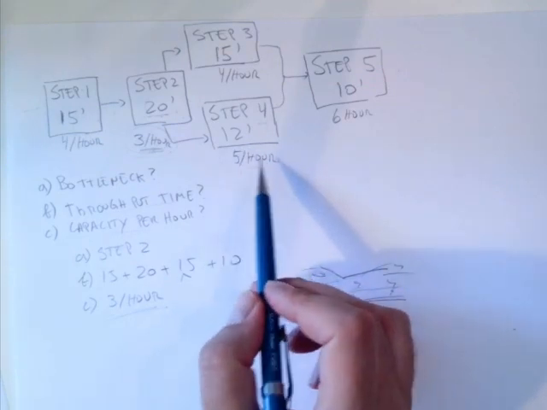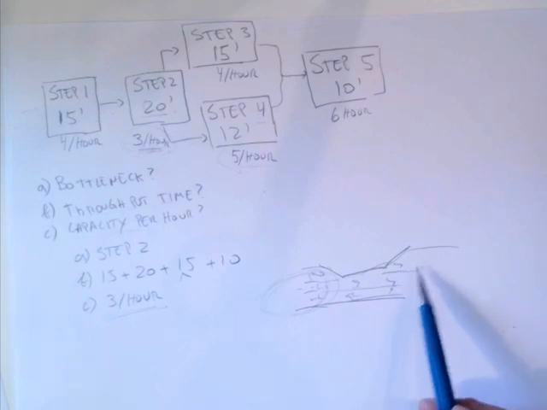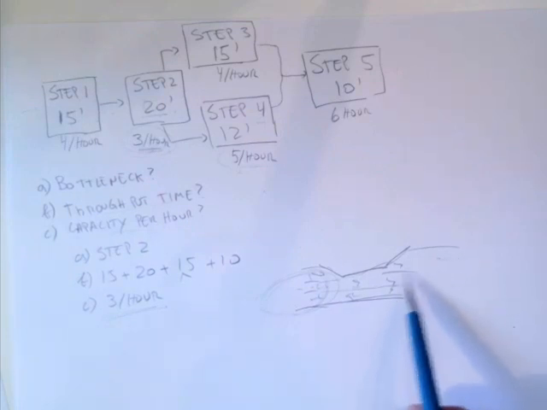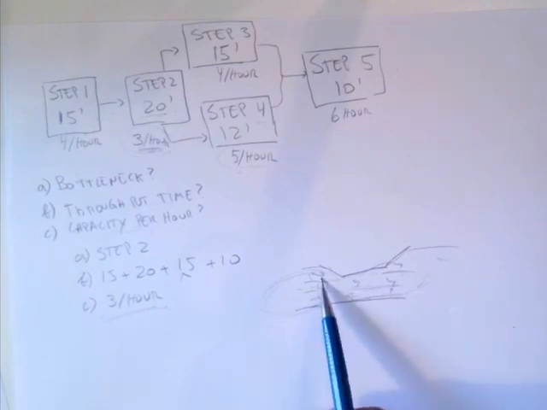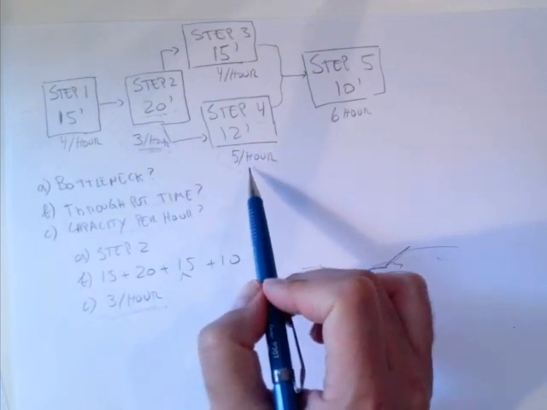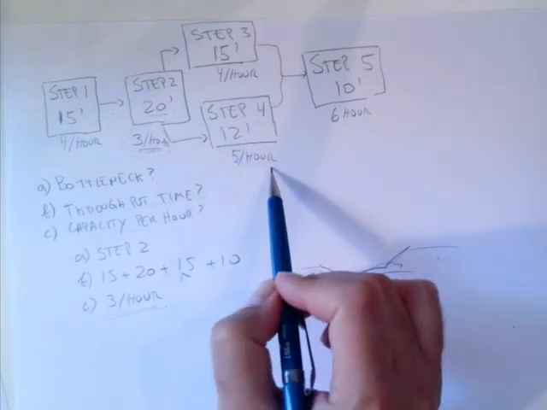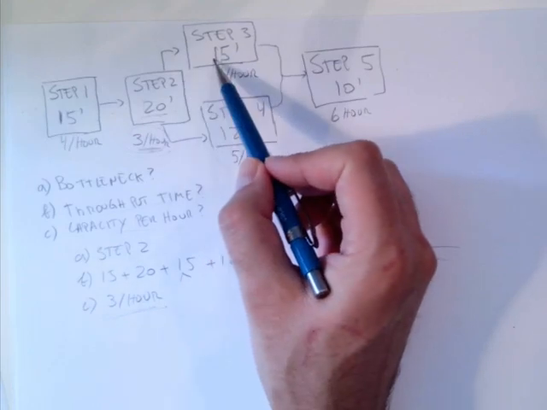So it's going to have some extra time where it has nothing to do. The same thing for this one. You have a lot of lanes, but very little traffic because the traffic is all stopped here. So you can do 3 per hour. This can do 5 per hour, but it's only going to do 3 because only 3 are going to come from this process.